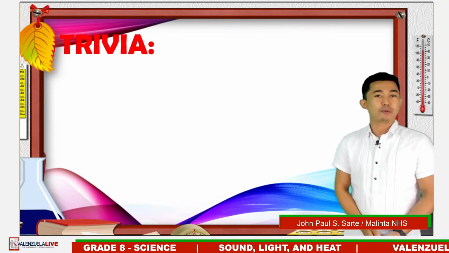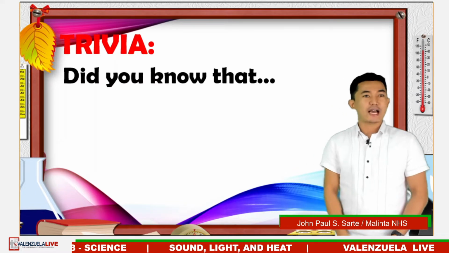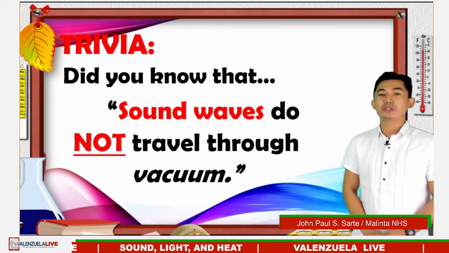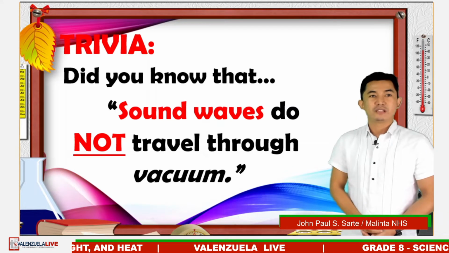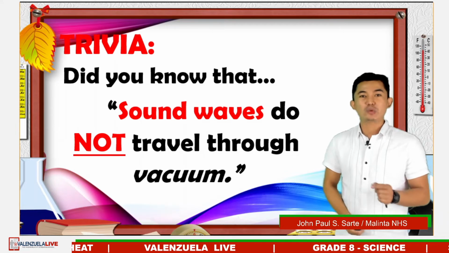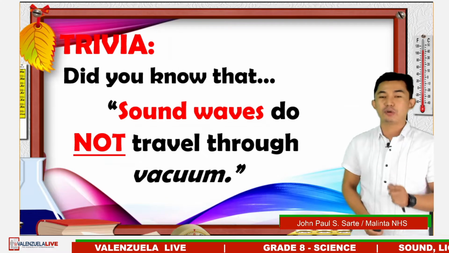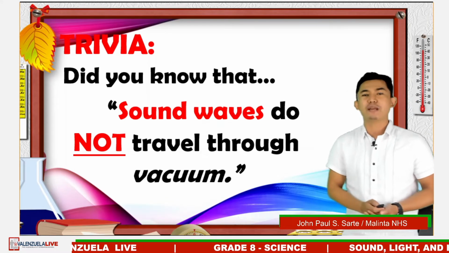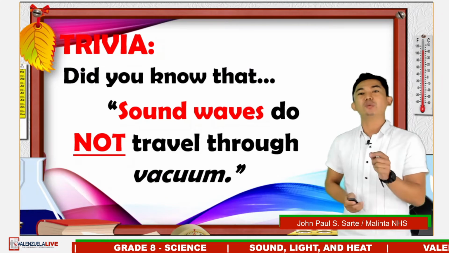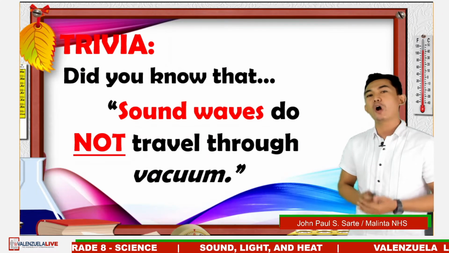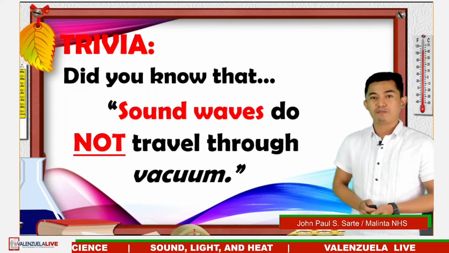I have a trivia for you. Did you know that sound waves do not travel through vacuum? Exactly. Sound waves do not travel through vacuum. Sir, what is the reason behind that? The reason is that sound waves are an example of a mechanical wave.